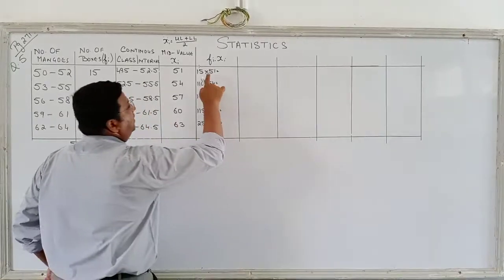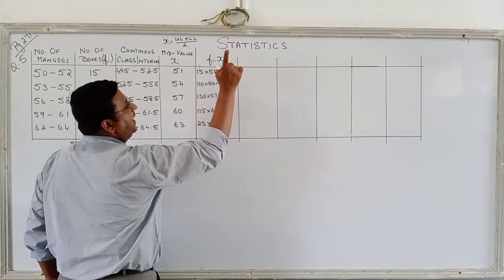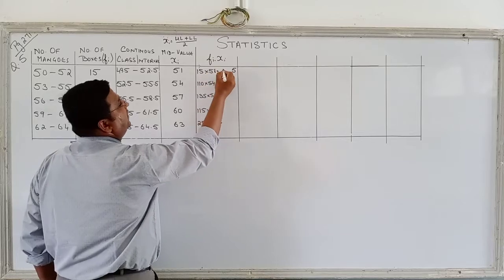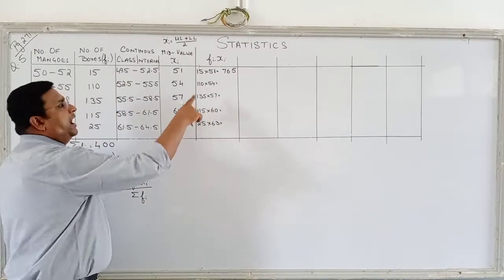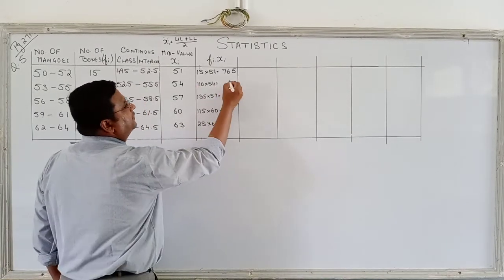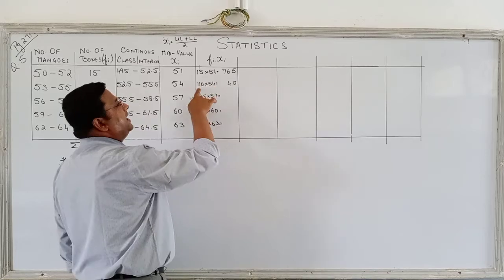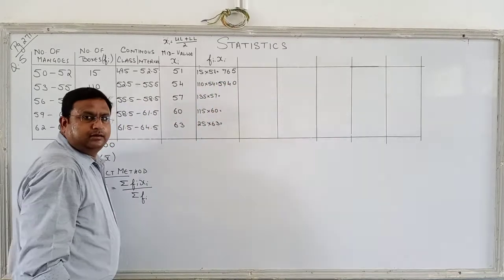See over here. 15 multiplied by 51. 15 ones are 15, carry 1. 15 5s are 75 and 1, 76. Right? 110 multiplied by 54, so 0 as it is. 11 4s are 44, carry 4. 11 5s are 55 and 4, 59. Correct?